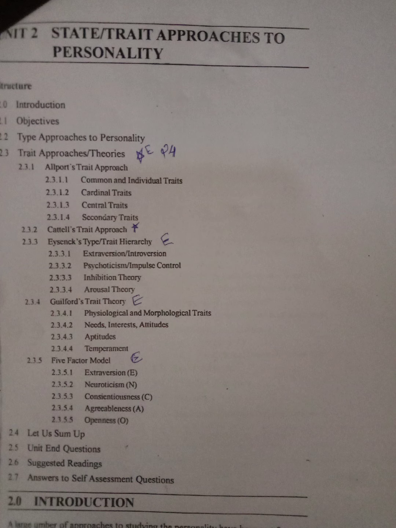Last one is temperament. Temperament means manner of behavior. There is a survey named the Guilford-Zimmerman Temperament Survey, that is GZTS, and it assesses bipolar traits. Here we discuss two levels of traits: hexic traits and primary traits.